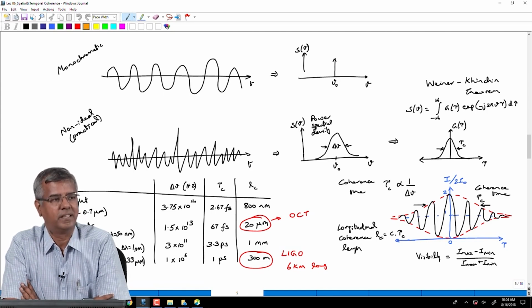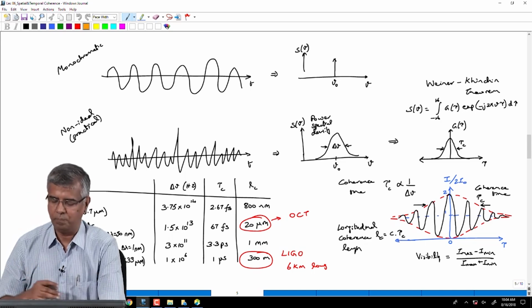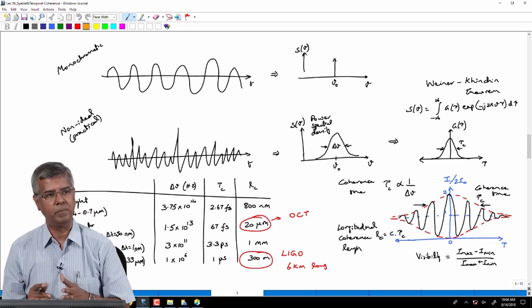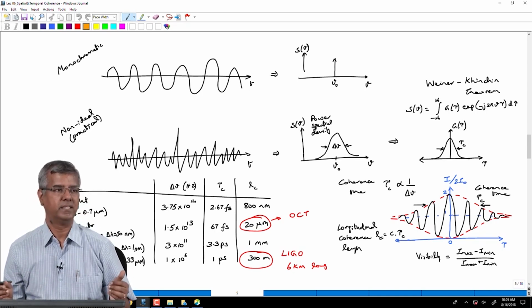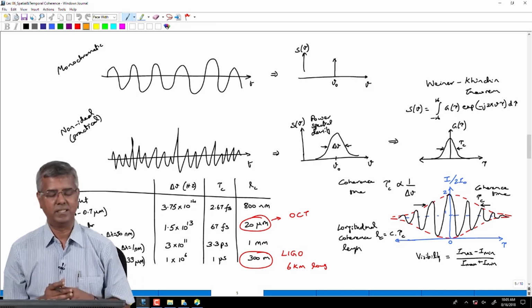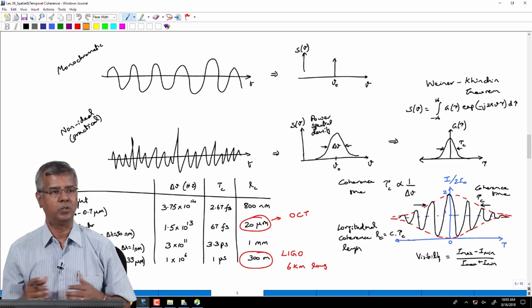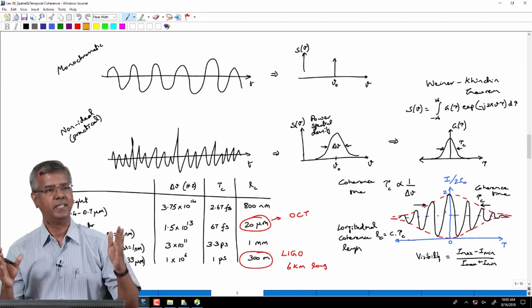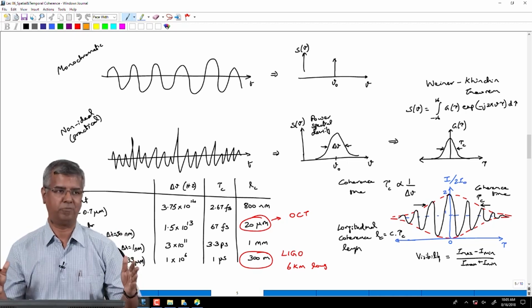Quantifying that randomness is what we are trying to do in terms of temporal coherence, where we say light may actually be polychromatic, may have multiple colors, and because of that you may not be able to get perfect correlation when you take one wavefront and interfere it with a delayed wavefront, right.